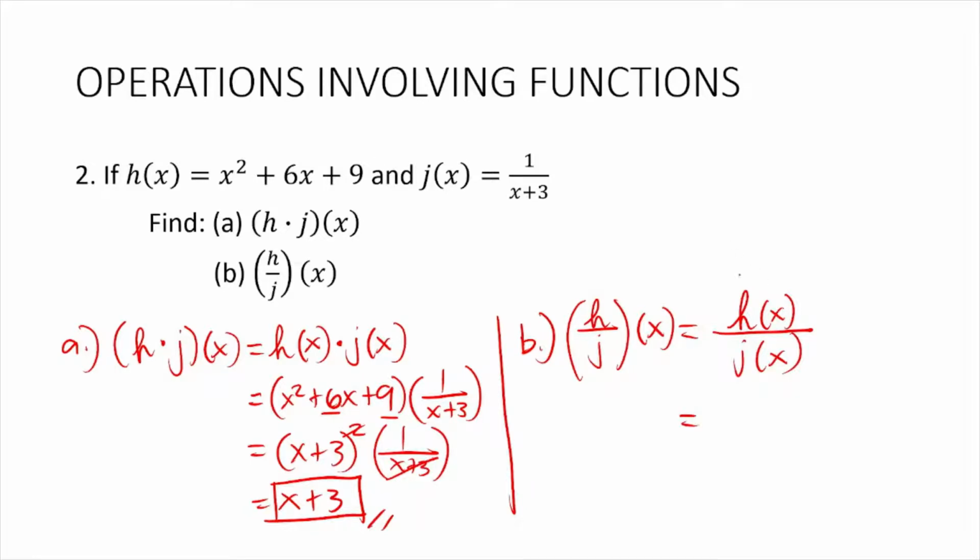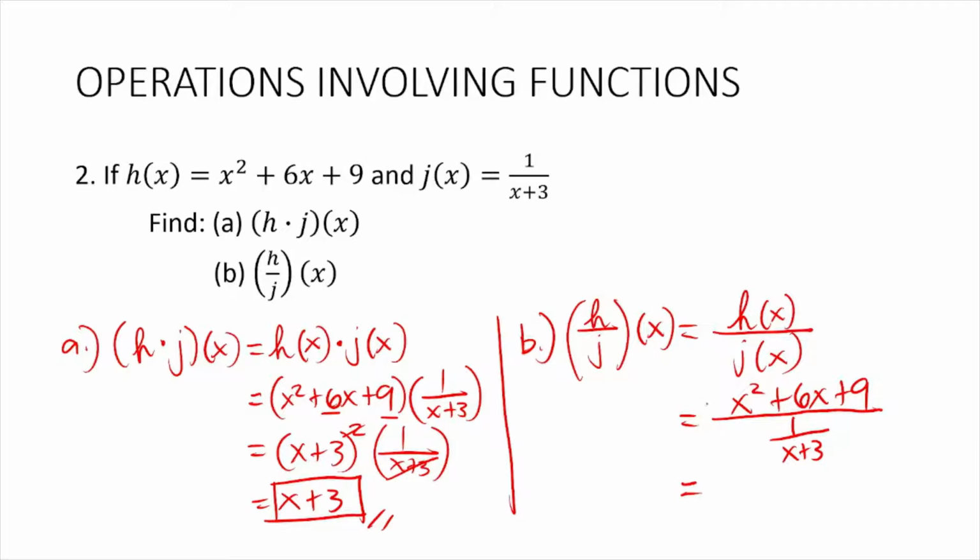Where h of x is, again, x squared plus 6x plus 9. And then j of x is 1 divided by x plus 3. So we have a fraction in the denominator. Remember, we can convert division operation to multiplication, right? By expressing the denominator or the divisor as a reciprocal.